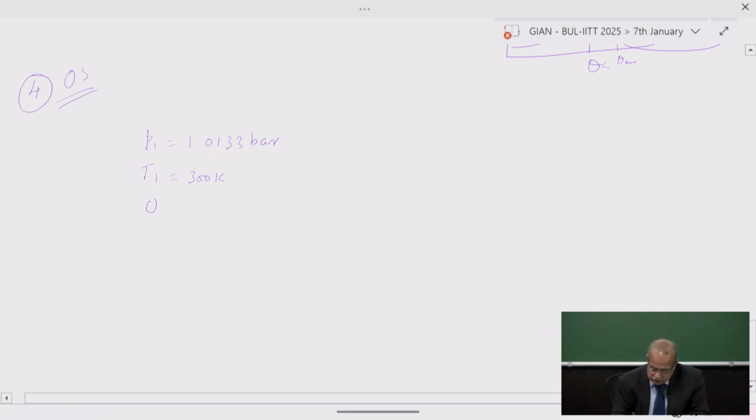Deflected means you have this information, flow turning angle, deflection angle is given as 15 degrees. Assume that this results in a weak shock wave.